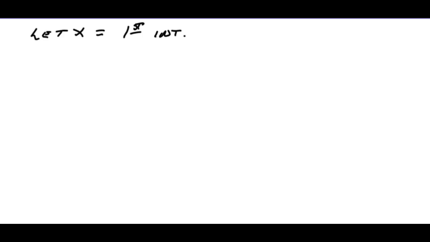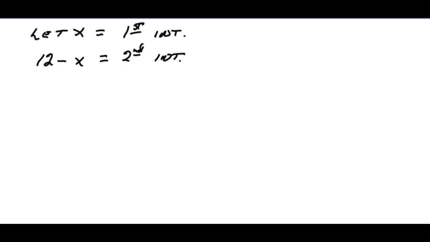If these two together make 12, and I subtract that first integer, x, from 12, I get the second integer. Now, once I know that, I've defined that, the product of those two is 27.